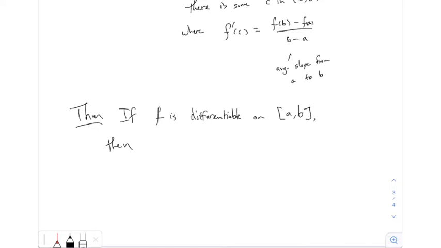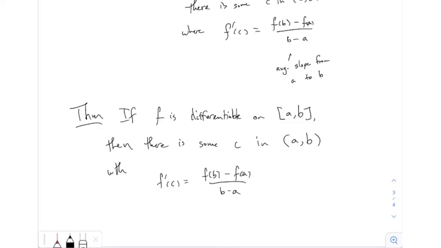Then there is some c in the open interval, not one of the endpoints, with f prime of c, this is just what I wrote before, equal to f of b minus f of a over b minus a. All right? And that fraction on the right, you should think of as the slope between the two endpoints of the interval.